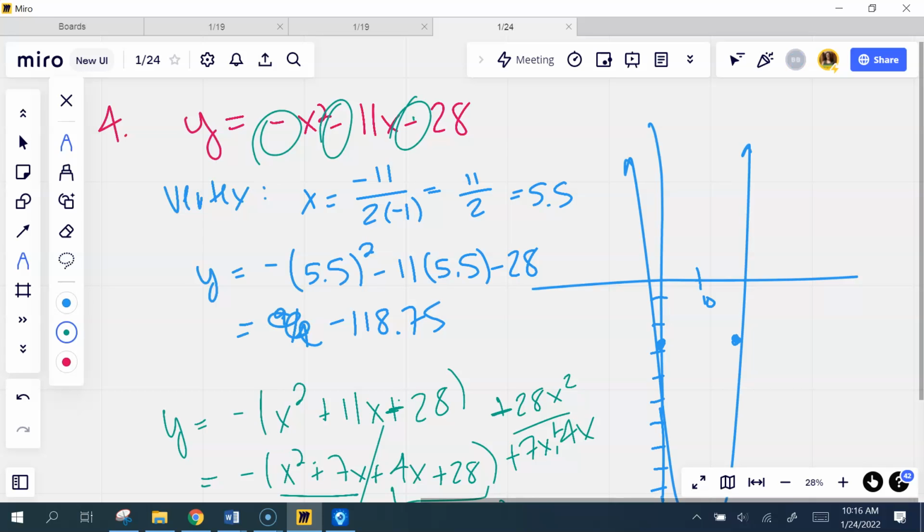Say that one more time. You're absolutely right. Which would make that negative 5.5. So now if I plug in negative 5.5, I store that as x and then I re-enter that equation. Guess what we get, Christina?